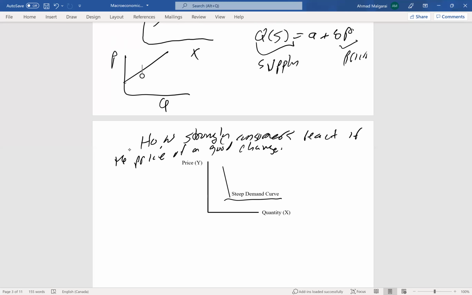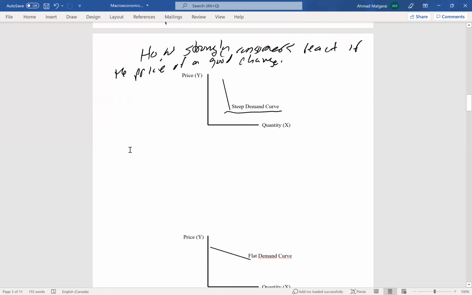I'm just talking about this to elaborate so that you can get the point. Now, if the curve is flat, as we say, a flat demand curve, then this is telling us that quantity desired changes a great deal when the price changes.